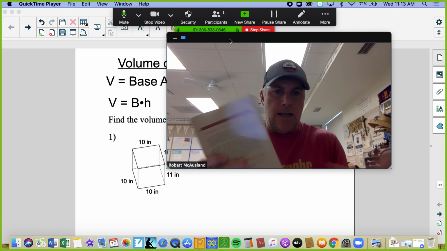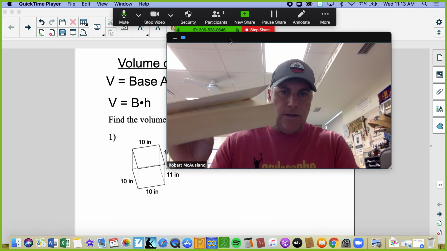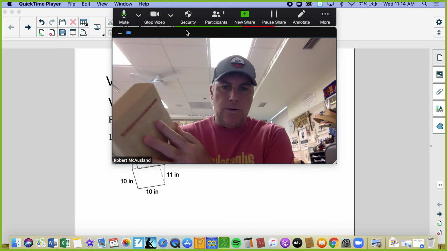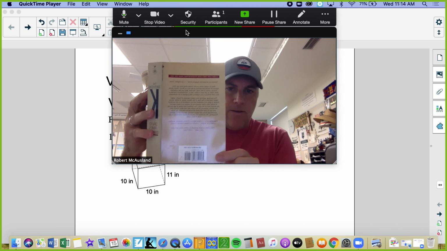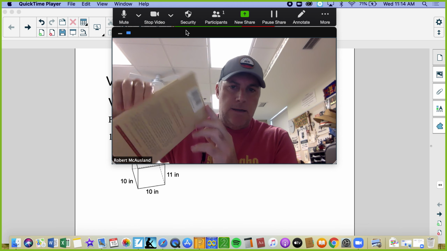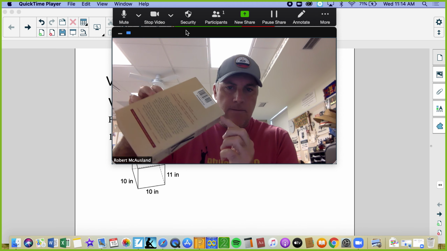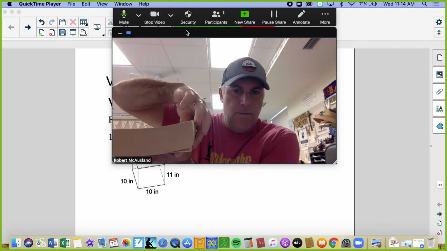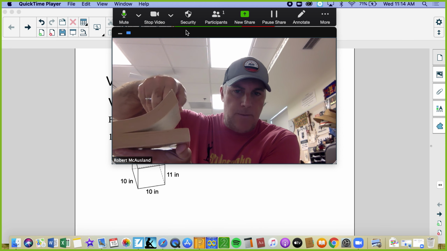And it's better represented as a book. A book is a great example of finding the volume. So what we do is we find the base area, meaning we find the area of one page, this one single page. So we find its dimension, which is base times height, and then we multiply it by its height, or how many pages.